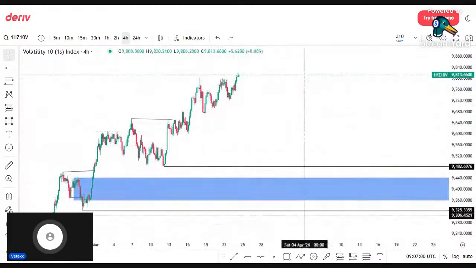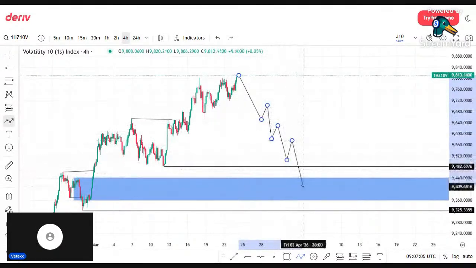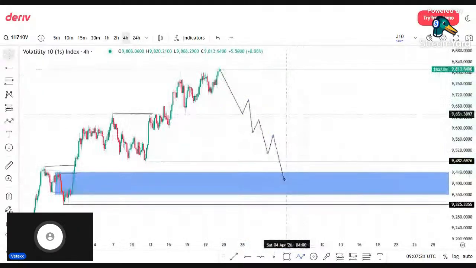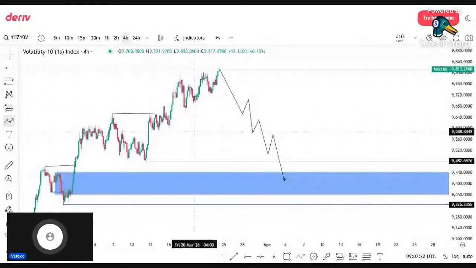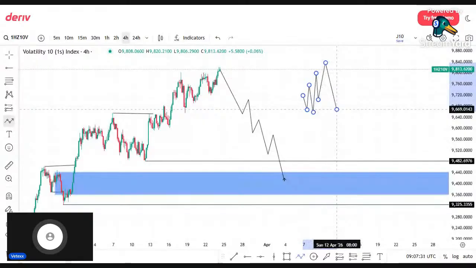Price is expected to come into this zone and give us a continuation, because the weekly time frame has left us already and we are working with the 4 hour time frame now. Once price taps into this zone, the same pattern that formed on the higher time frame, which is this way, you wait for this to form on the lower time frame so that you use it as your continuation and also your confirmation for you to take the trade.